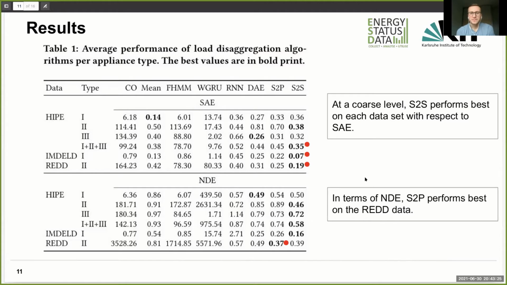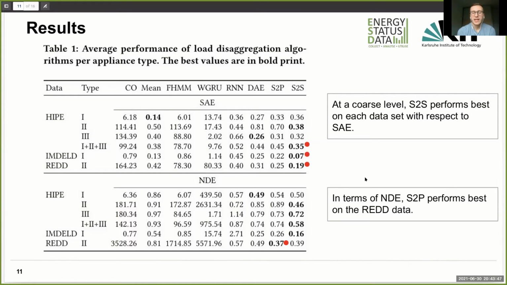Next slide, please. The first observation is that if we ignore the types of devices, so if we just take a look at the datasets as they are, it seems that one of the algorithms, the neural network sequence to sequence, performs best according to the SAE metric.